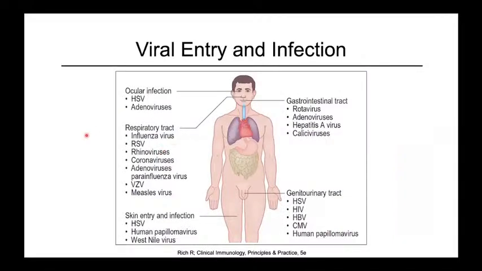This picture just summarizes the different routes of viral entry and the actual innate immune mechanisms that will be present at these sites. For example, tears and eyelashes to prevent ocular infection.